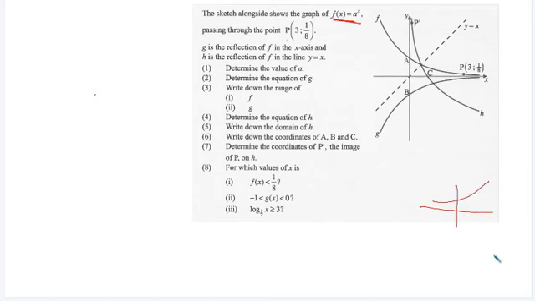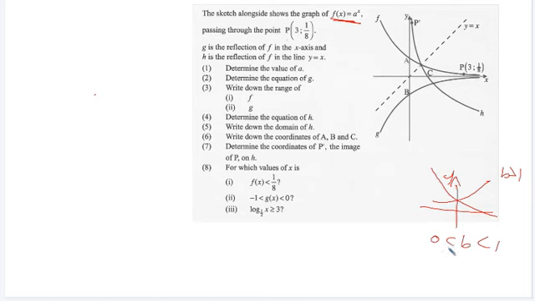of this thing, right? Originally it is like this, but then when it is reflected in the y-axis, it now goes like this, right? For this one, your b is greater than 1, but for this one, your b is between 0 and 1, so it is a proper fraction, right?